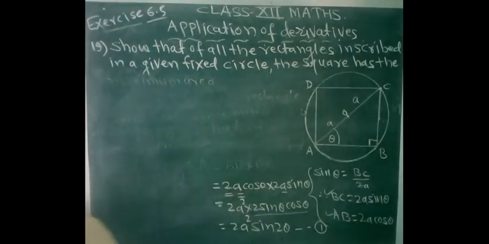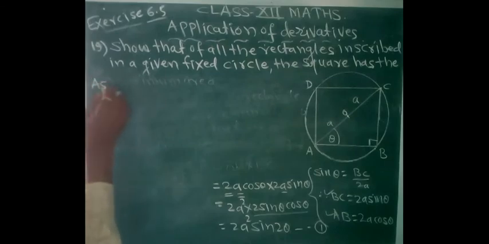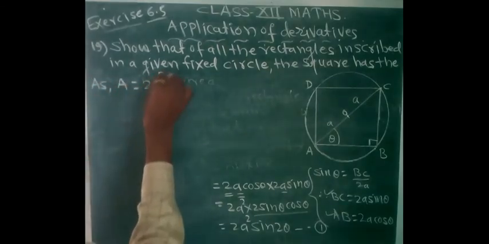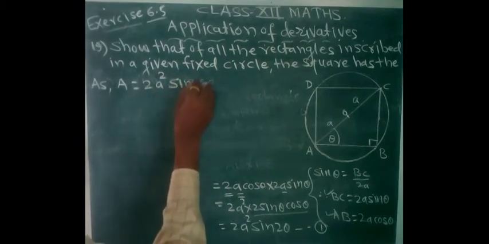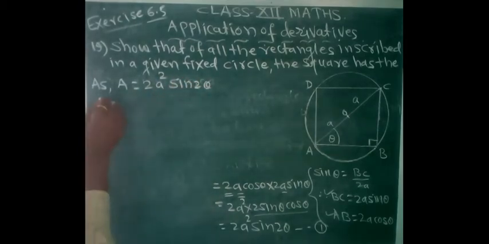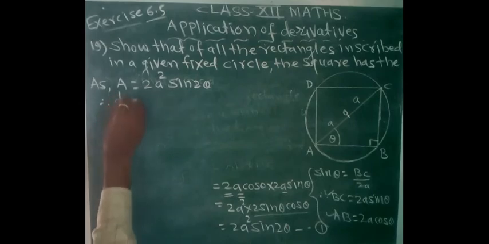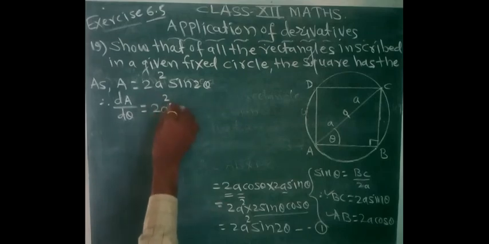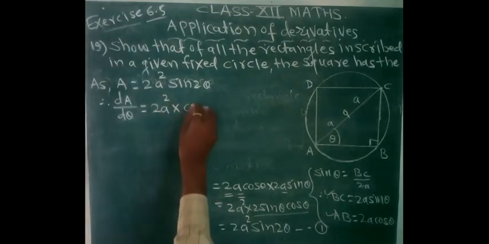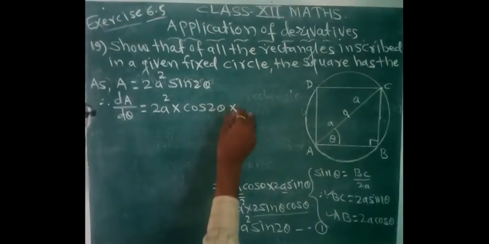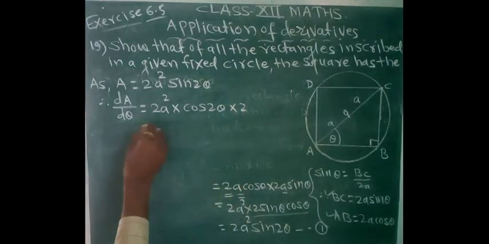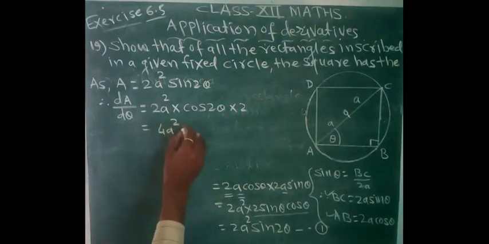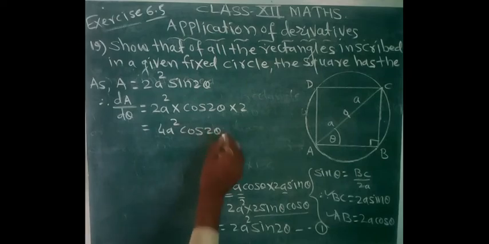So as A equals 2a square sin 2 theta, differentiating this with respect to theta, dA by d theta equals 2a square is a constant number, derivative of sin 2 theta is cos 2 theta into derivative of 2 theta is 2, that is 4a square cos 2 theta.